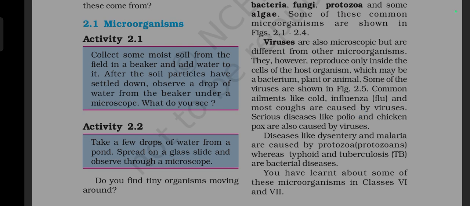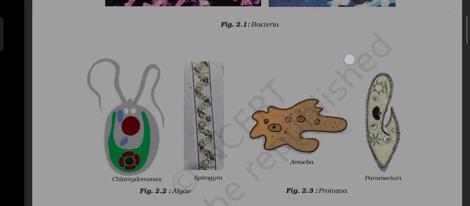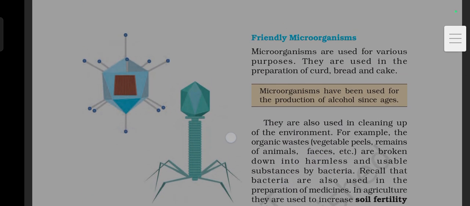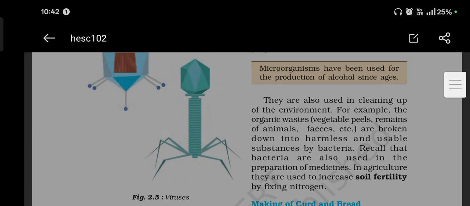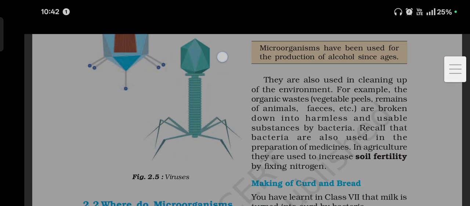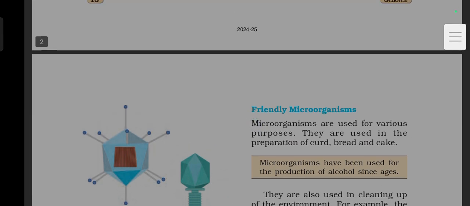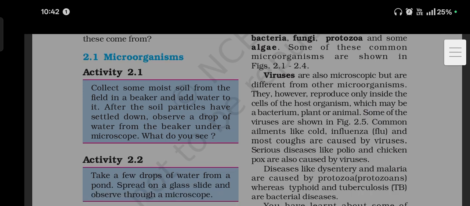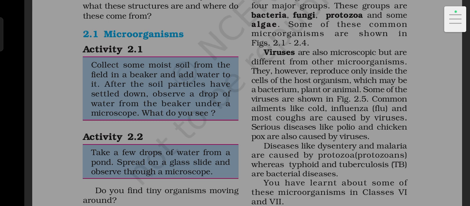Some viruses are shown in figure 2.5. Let's see the picture 2.5. So these are some of the viruses. Now let's move further. Common ailments like cold, influenza, and most coughs are caused by viruses.